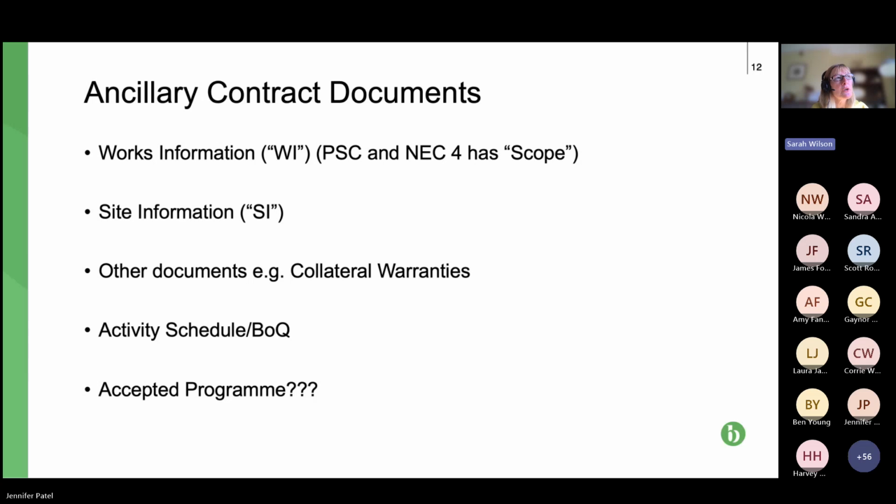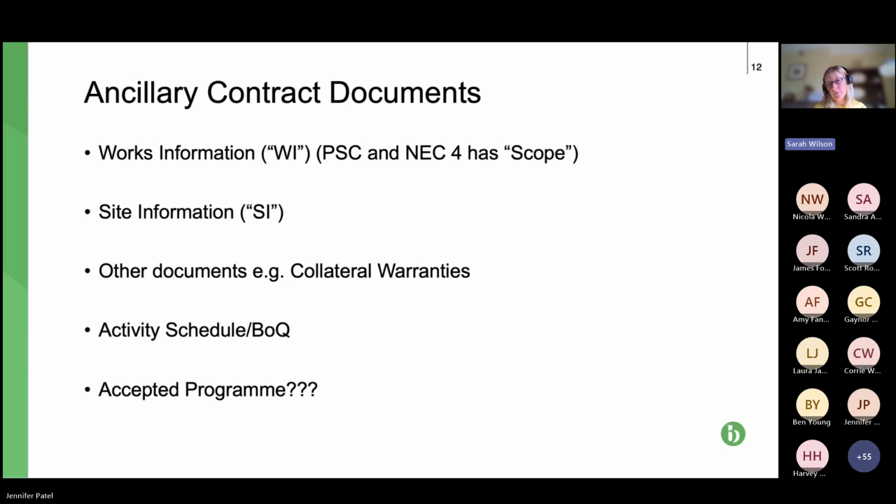And obviously, this isn't the direction anyone wants to head in, but if there is a dispute, it means you have the base programmes, you have that evidence as to what was going on site at the time.